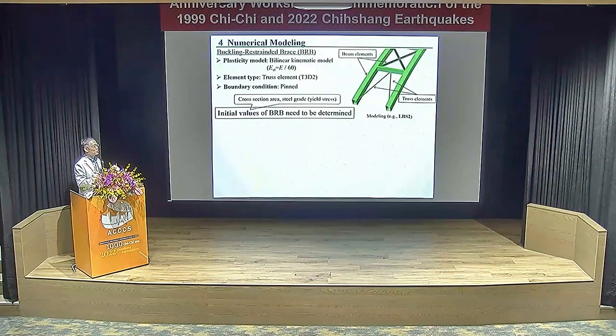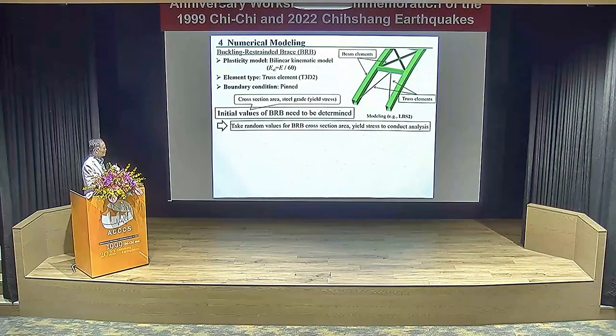The problem is how to design the BRB. We should determine the material, and we should determine the cross sections. First of all, of course, by trial and error, we gave some initial values for the analysis, just random values.